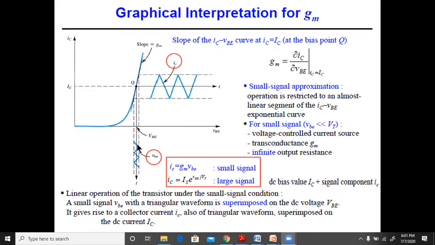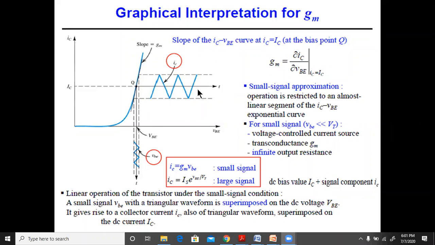So this input AC signal over here is amplified, or rather, if you take it out over here, because of the AC input signal, small v_BE, we'll have the AC output current, small i_C.